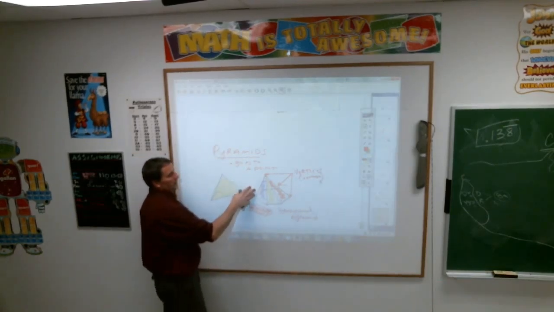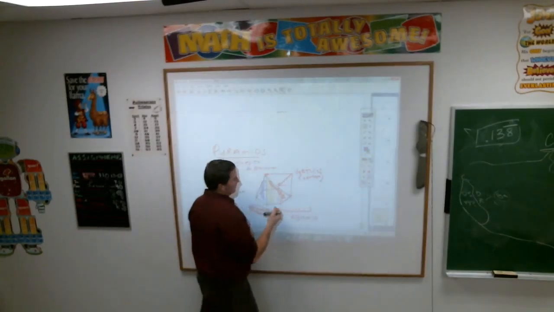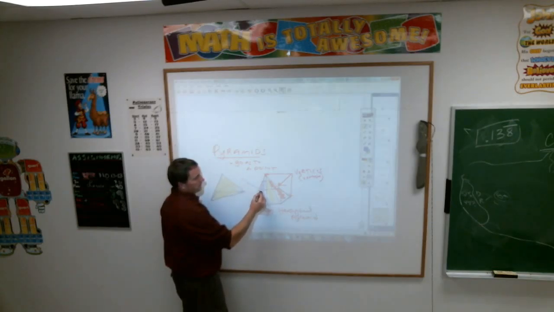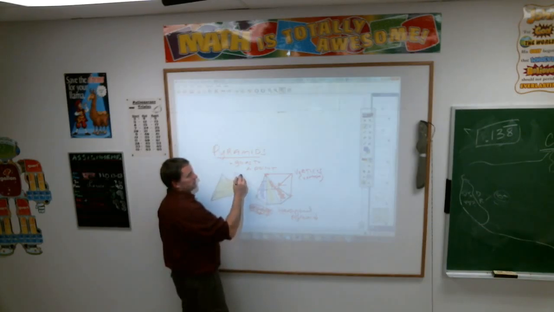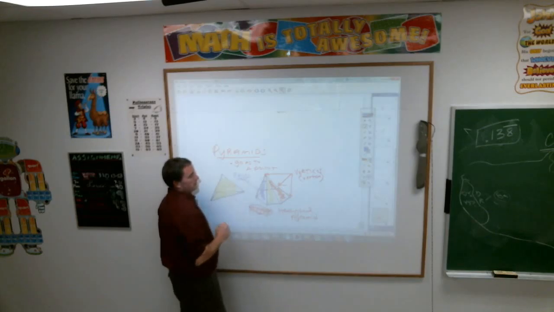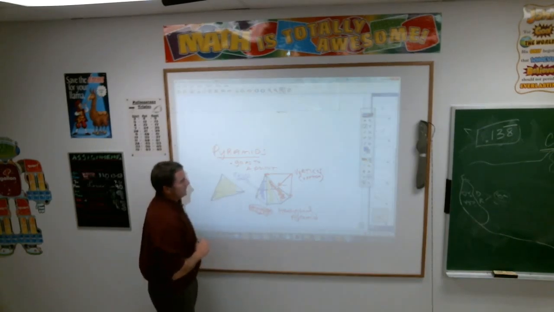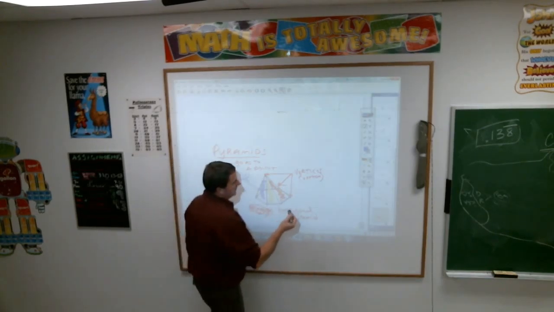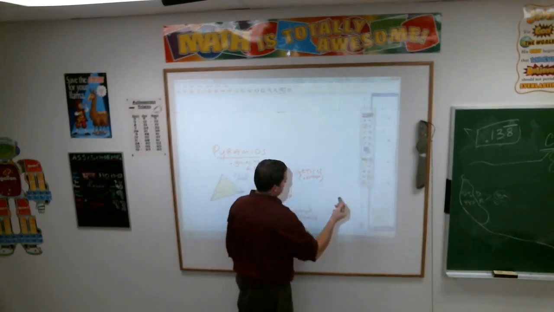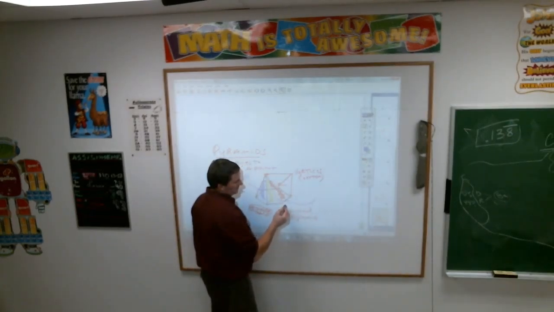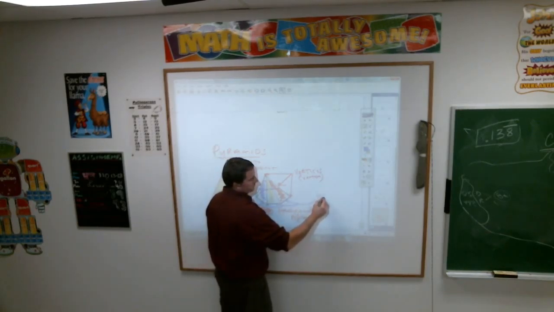Okay, the thing that I have shaded there, those are called the faces of the shape. And then the place where two faces meet, this little line that's right there, those are called the, ladies and gentlemen, edges.